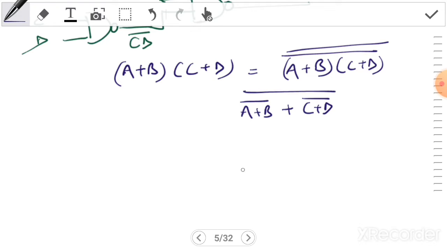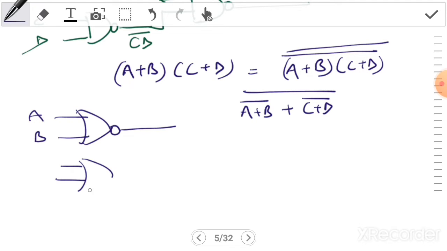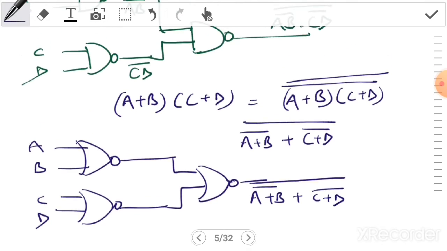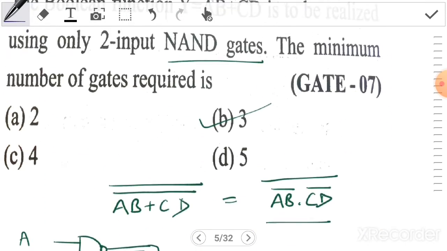So again you will require 3 NOR gates, AB, CD, right?